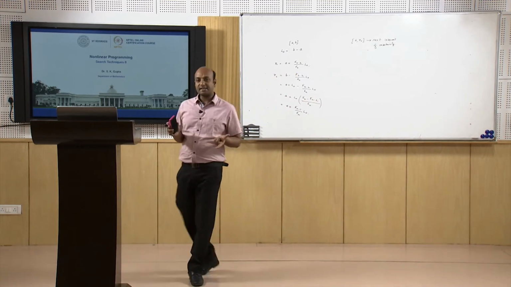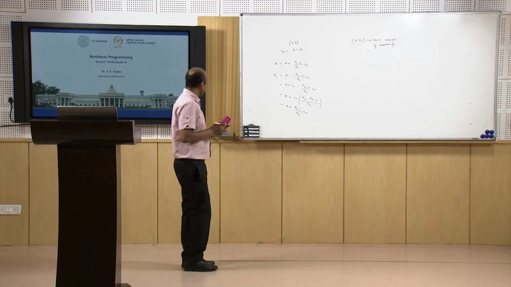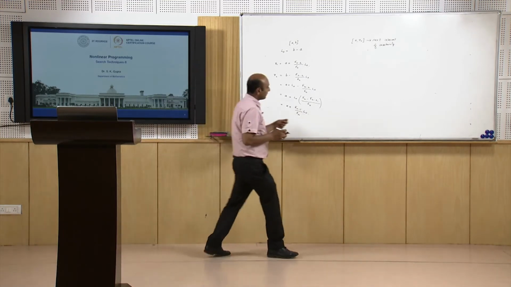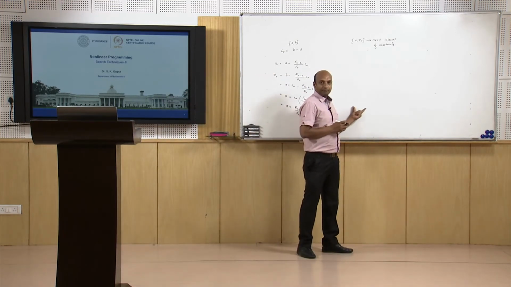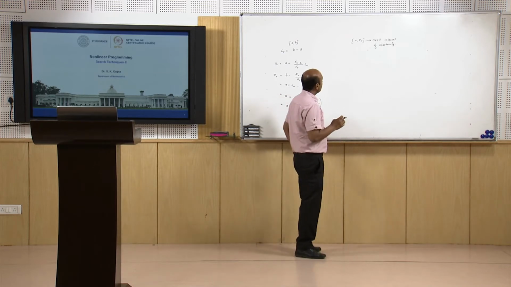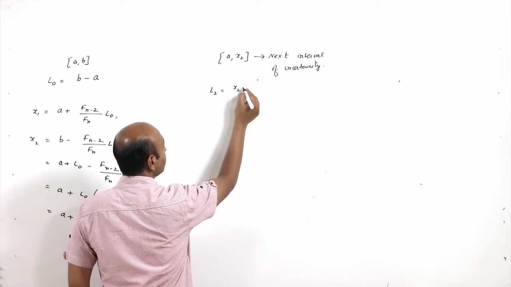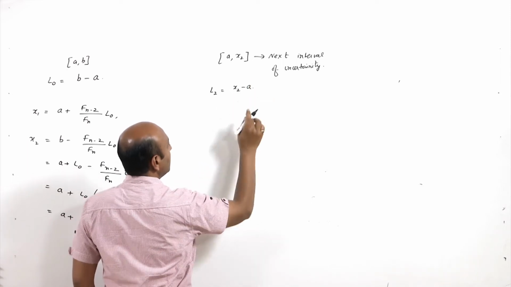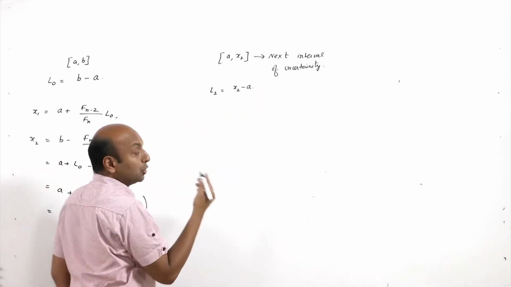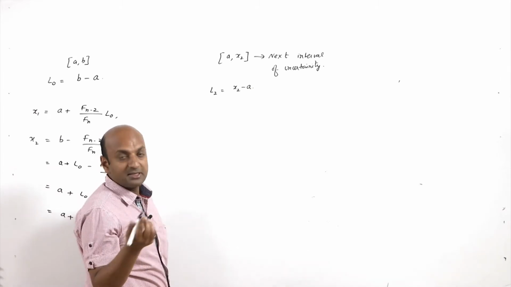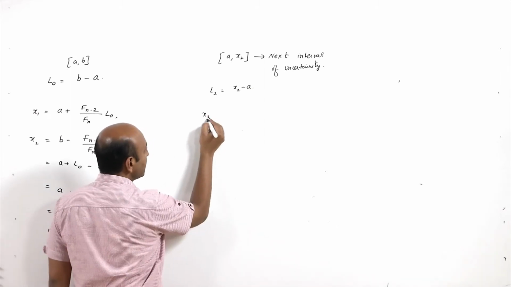I am discussing here the one interval; the same process will be followed if the interval is x1 to b. So now what will be the length? Length is x2 minus a. And now how will we find the next two experiments? Suppose the next two experiments are x3 and x4.